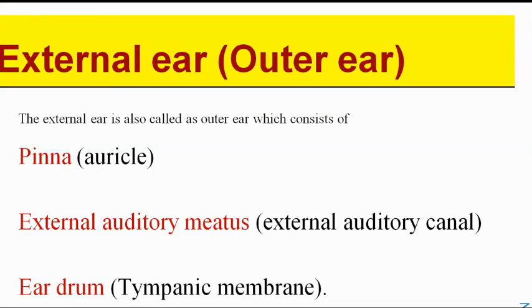Coming to the external ear, which is also called the outer ear, it is divided into three parts: pinna or auricle, external auditory meatus, which is also called the external auditory canal, and eardrum or tympanic membrane or tympanum.